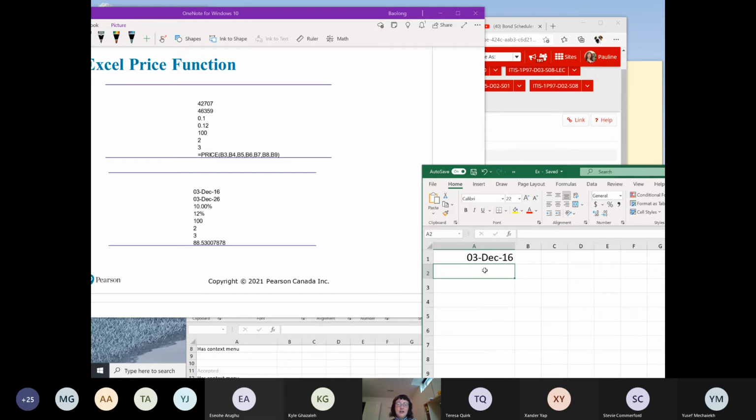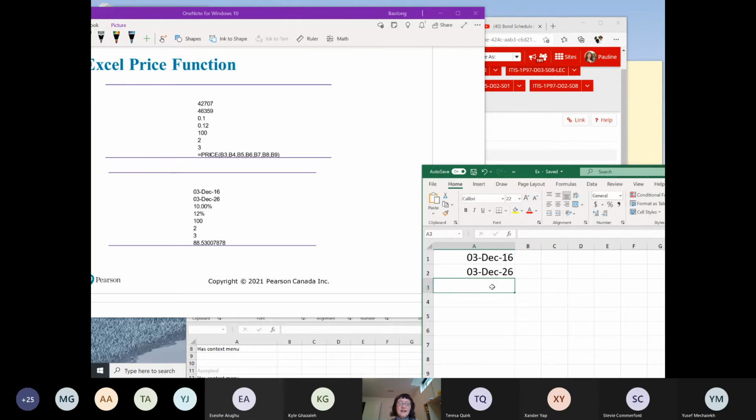So this is the date you bought the bond. And then the maturity date in 10 years would be December 3rd, 2026.